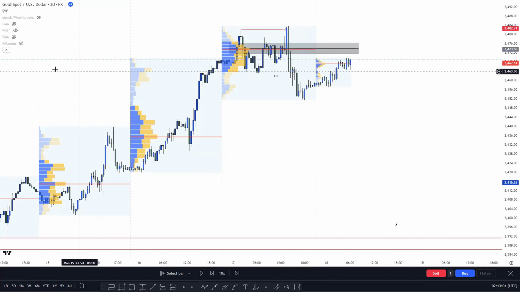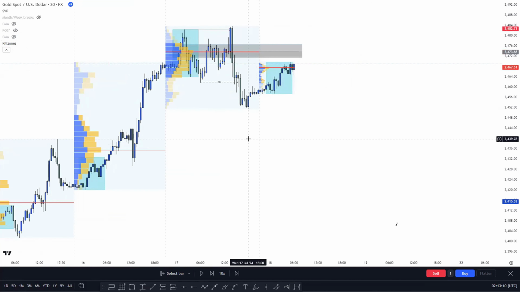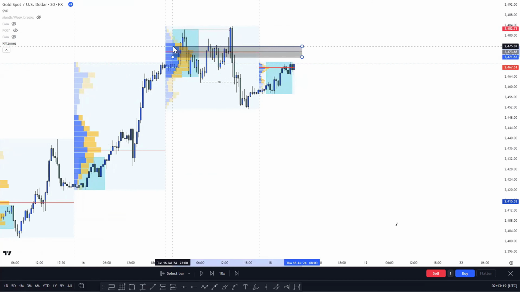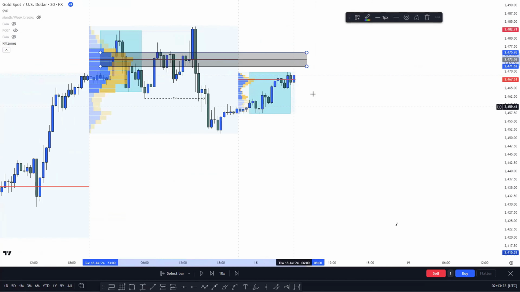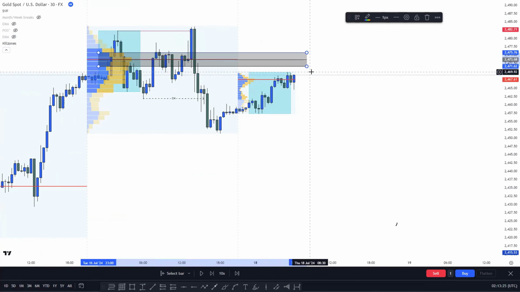So we now switch all the way down to our London kill zone. What we are doing here is, we've already seen price is in a downtrend and we want to take our entry. Right now we've plotted our point of control from our previous day session, which is right here, and we also have our London kill zone here.